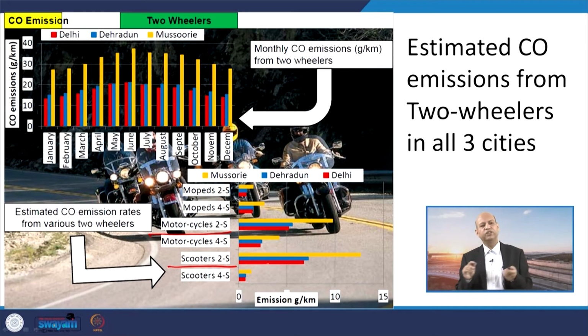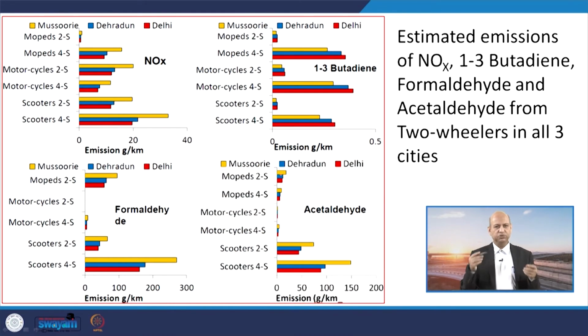So, these kinds of variations you can see across the cities in different months as well as across the different vehicular categories. Mopeds are emitting very little CO in all cities, but still in Mussoorie it is more in comparison to Dehradun and Delhi. So, that means CO increases when we go up in altitude.